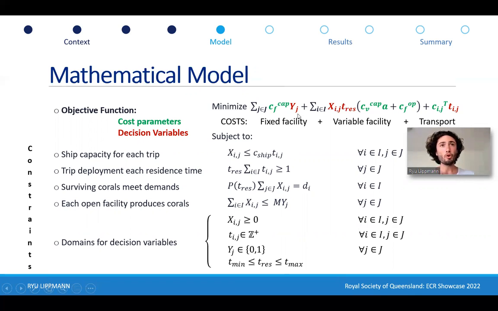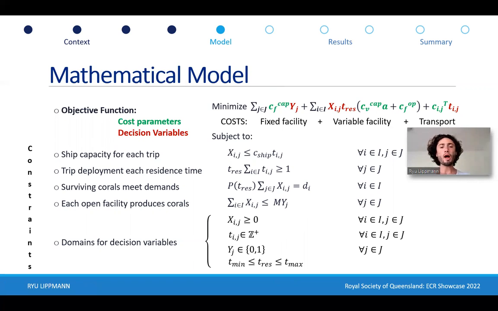These include whether or not to open a facility, how much coral to transport from each facility to reef, how long to keep coral in a facility, and how many trips to make between each facility and reef. And there are a few constraints, including ship capacity, how many trips to make, the proportion of coral that survive, and facility production constraints.